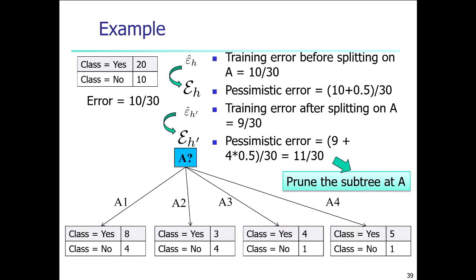Sorry, I don't quite understand what you mean by attribute 1 class A and attribute 2 class B. Oh, sorry, not class.